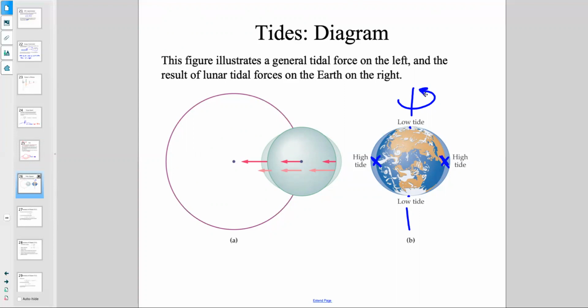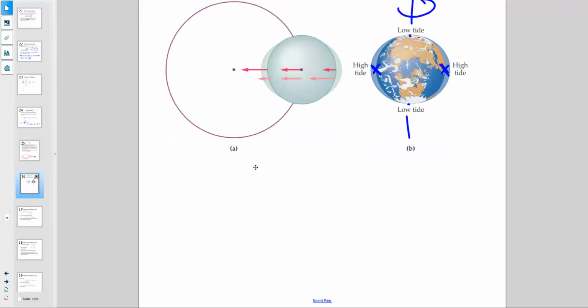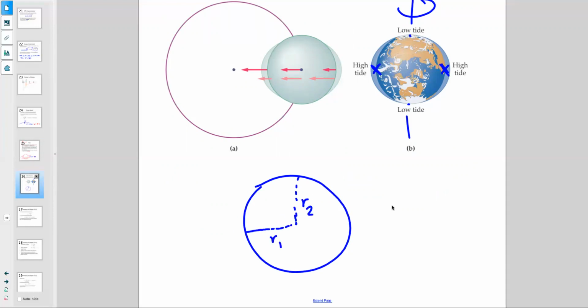So these two are the reason that, if I can show it like this, if I call this R2 and this R1, R1 is greater than R2. And it's about, for Earth, about 47 miles, okay?